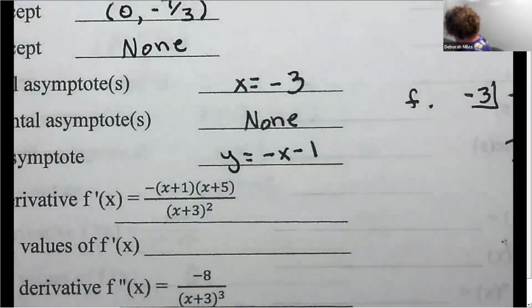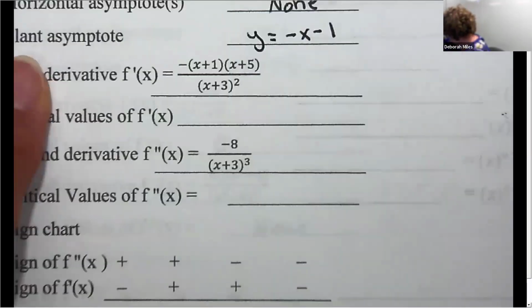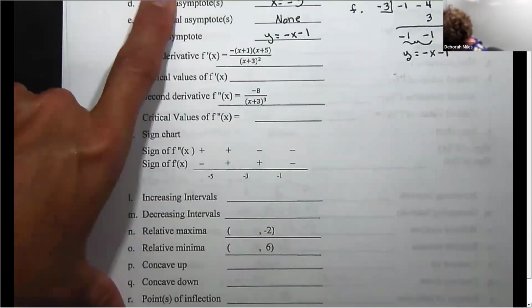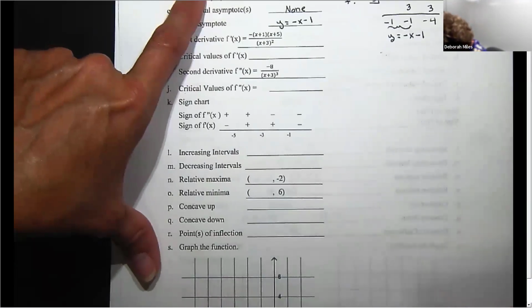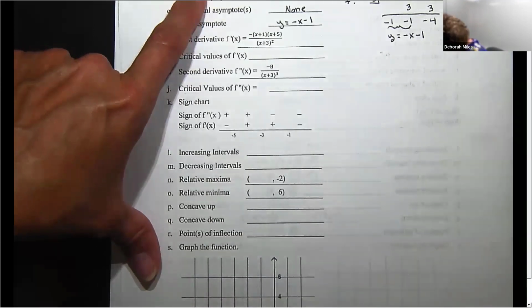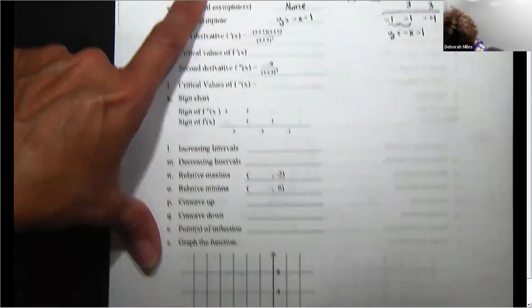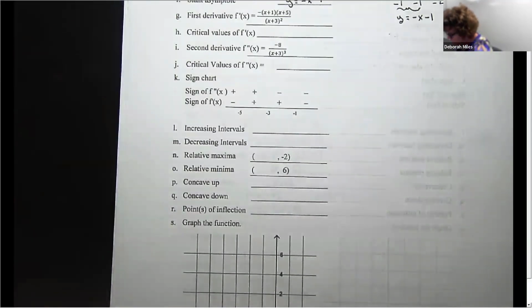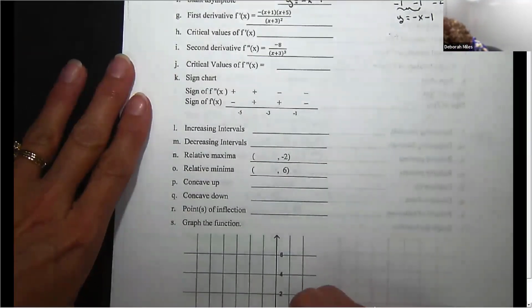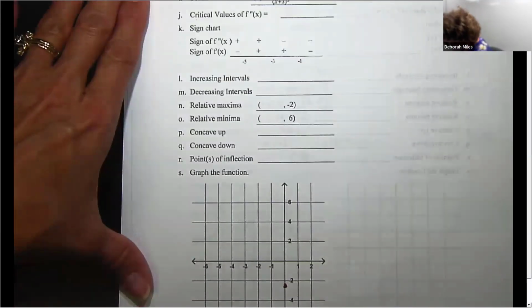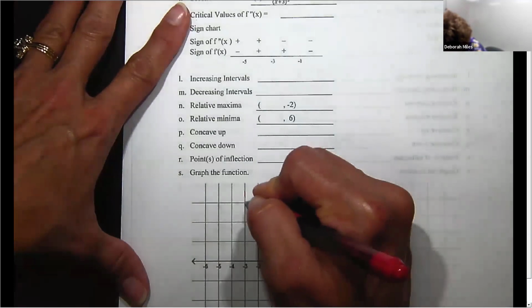We're about to run out of time, so let me just do a couple things right here. I'm going to plot the point 0, -7/3. A little over -2. It's -2 1/3. My vertical asymptote is at -3.